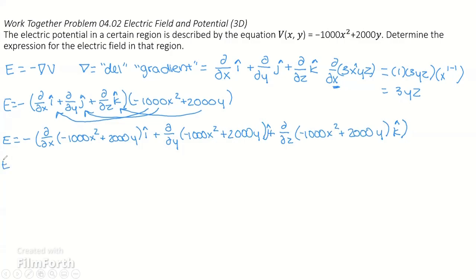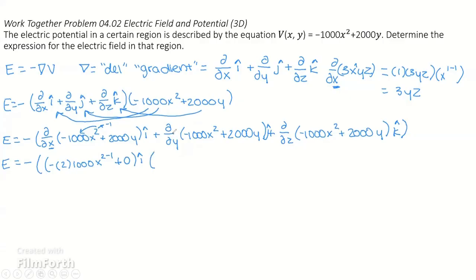Now we just take the derivatives component by component. So we have a negative still, bracket. We look for x in this expression. In this first term, yep, we have an x. So we take this 2 down, multiply it in, and subtract 1 from the exponent. So we have negative 2 times 1000x to the power of 2 minus 1, plus, looking at the next term for an x, nope, there's no x in there, so we treat that as a number, and that is a 0, i hat.